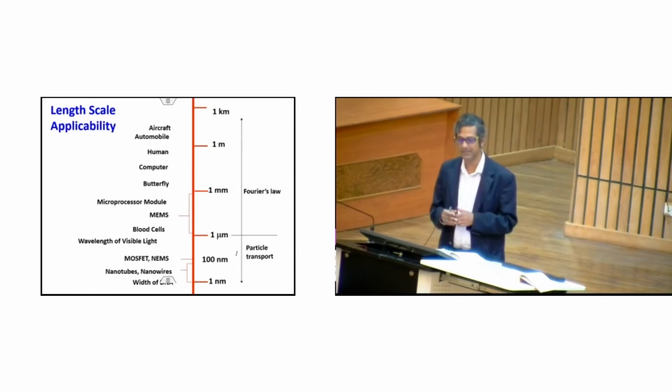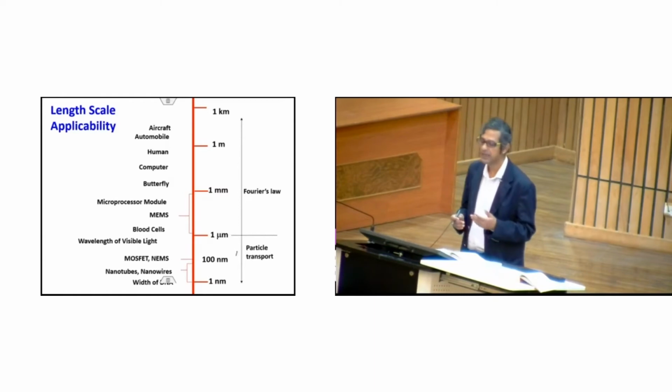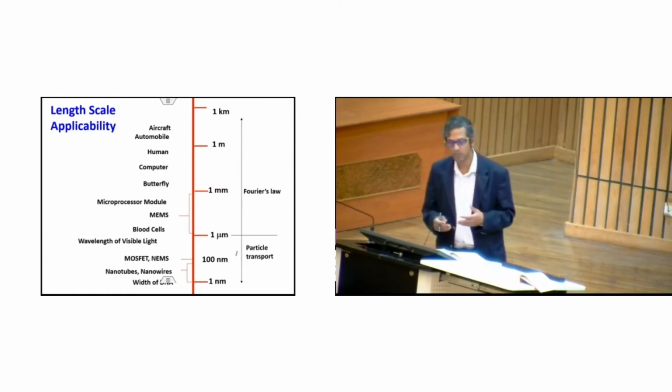Now, if you know the length scale or applicability of these things, if you consider an aircraft or a human, you can understand that they are pretty big, right. Even a computer is also pretty big, but if you look at a microprocessor model or a blood cell or maybe MOSFET, or even nanotubes, nanowires, they are pretty small.